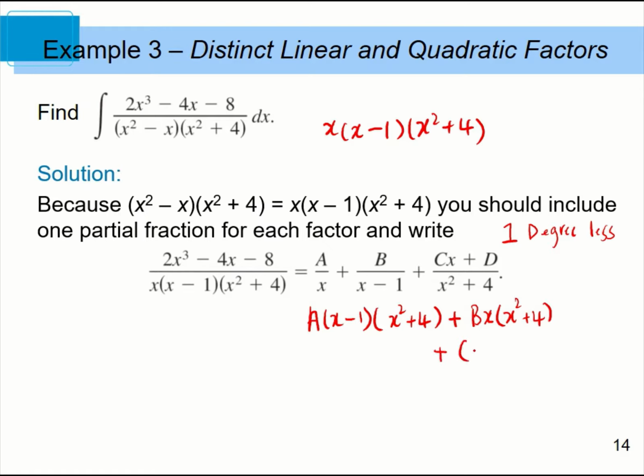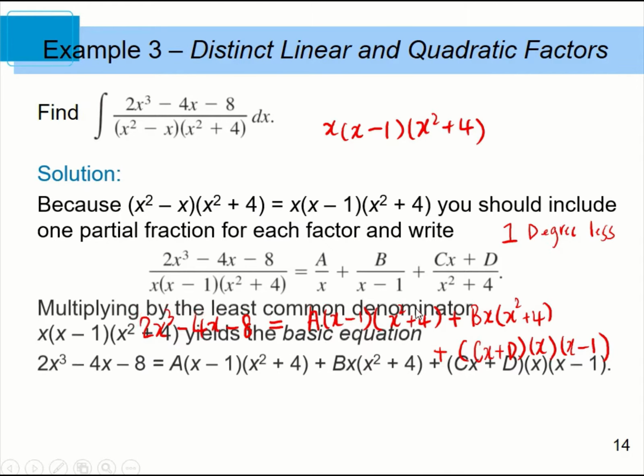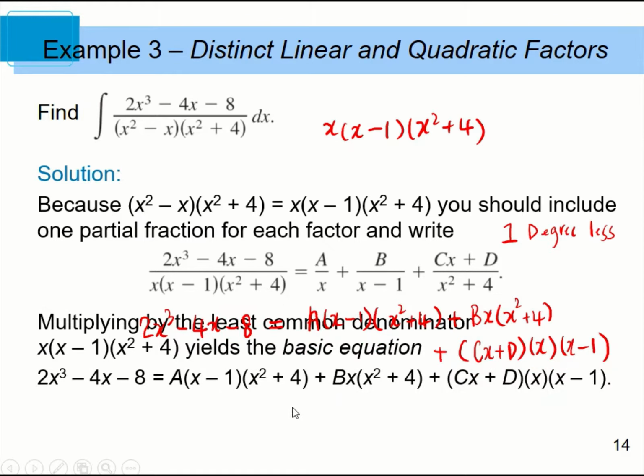So we have cx plus d multiply the x, multiply x minus 1, and this is equal to 2x to the power of 3 minus 4x minus 8. So this becomes our basic equation.